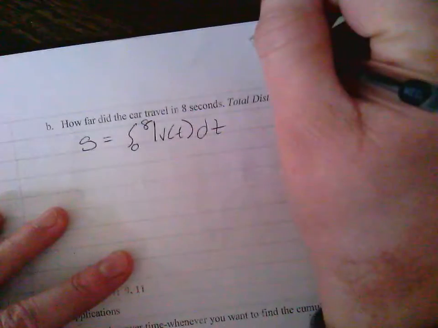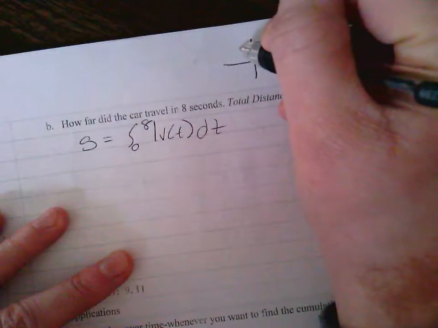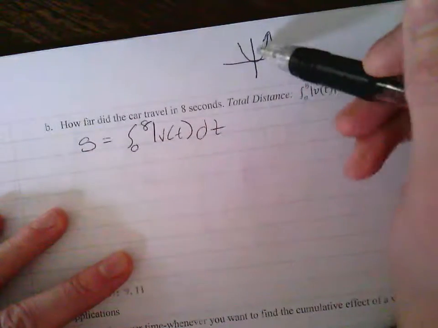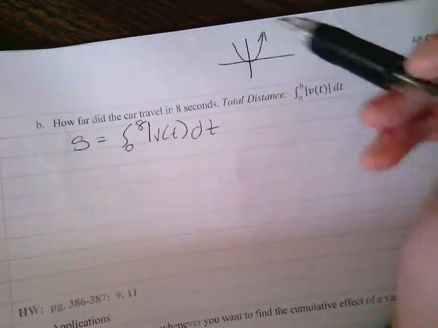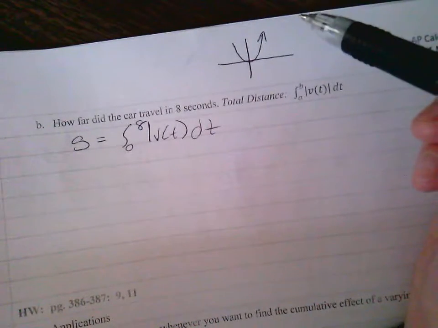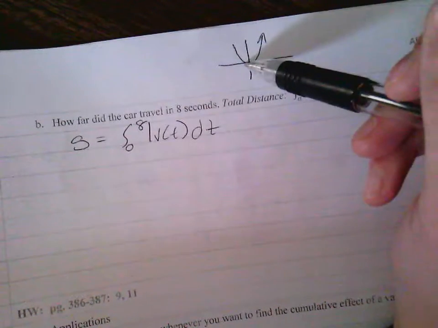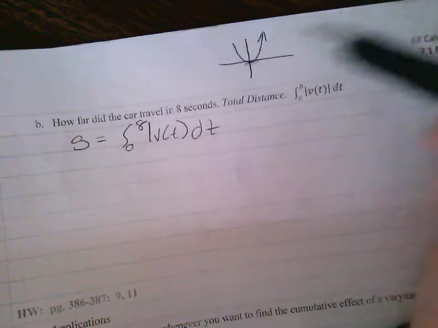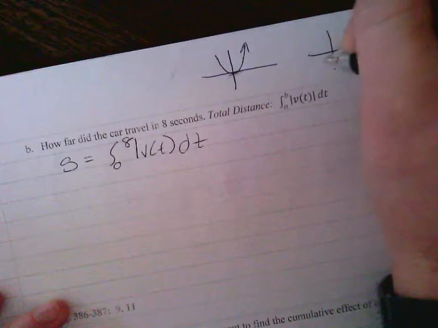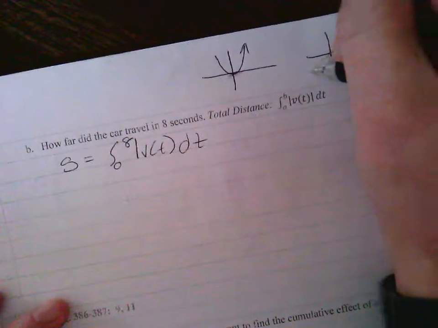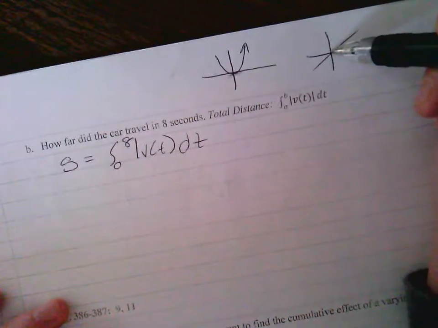So it looks like this. Something like that, okay? So it's all positive, so you don't have to worry about subtracting anything. And the initial position is most likely 0 because the slope is 0 right here. So the position function is going to look like that, okay? So it's starting at 0.